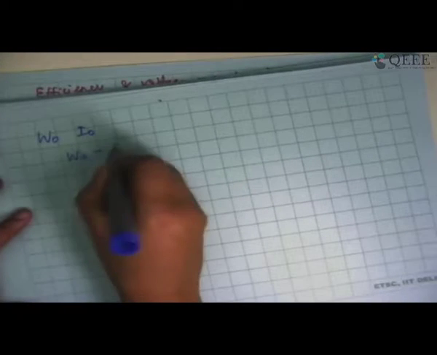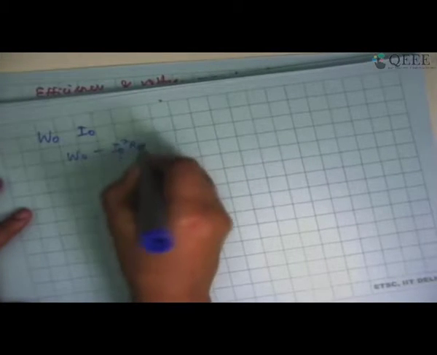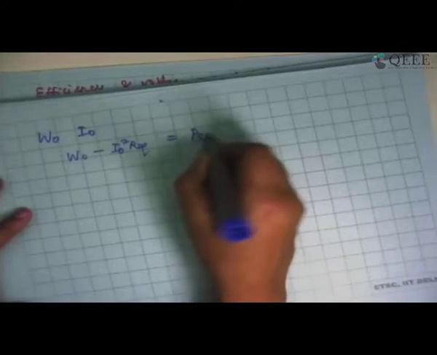But if you want to separate the losses, the only way you can do it is, if I say that my overall open circuit test reading is W0 and I0 is my no load current, then W0 minus I0 square R equivalent will be the core losses.